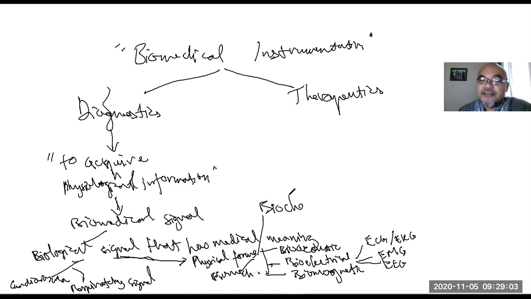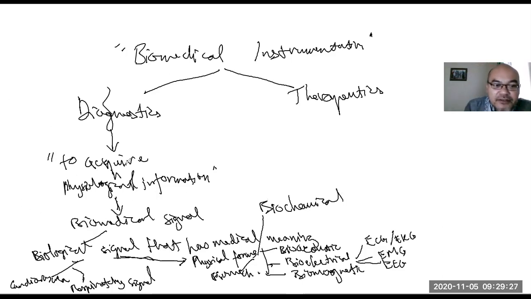This is due to the chemical compounds within our body, including our DNA, our protein, and the composition of the hormones within our blood, the blood chemical composition that is related to our physiological condition. This gives biochemical signal.